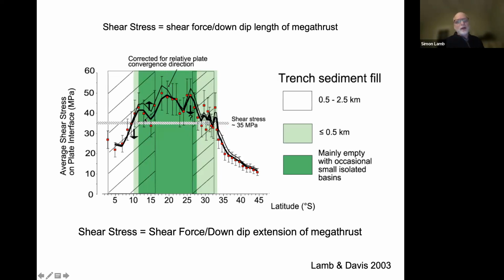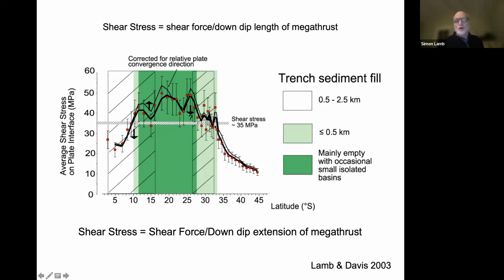If you do that, what you find is that along the length of the Andes, the average stress on the megathrust is about 35 megapascals. And in the high Andes, it's quite high because you've got such high mountains, but also the trench is very deep. So in this very simple-minded calculation it reaches perhaps 40 megapascals.